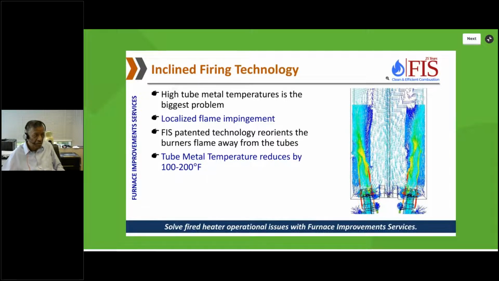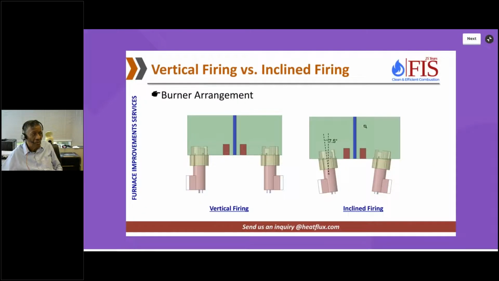There are 2 rows of burners with a tube in the center. This is a typical configuration of conventional vertical firing or front firing. And here what we had done is we have put the burners at an angle of about 7 degrees, and we are trying to fire it across the wall.